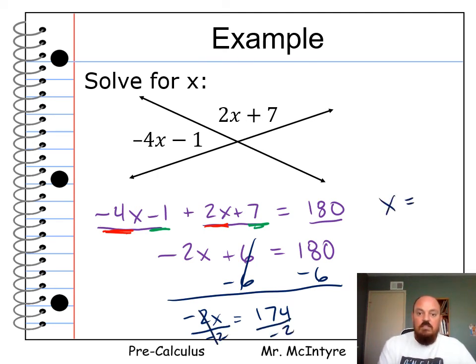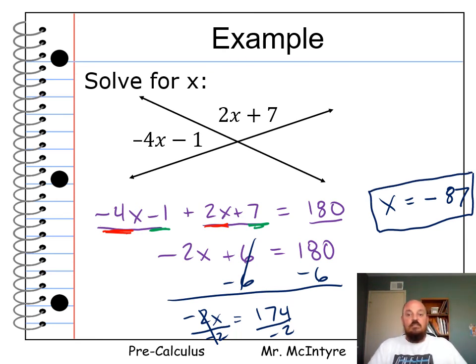And for my final answer, it will definitely be negative. It's 174 divided by 2, which would be 87. So our final answer for that question is x equals negative 87.